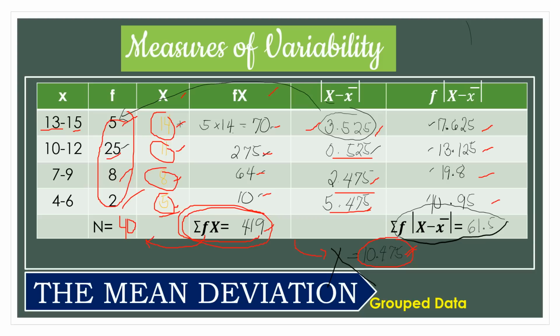We add all of those to obtain this, and the sum is 61.5. By completing this table, we can obtain the necessary information, which we will substitute to our formula.